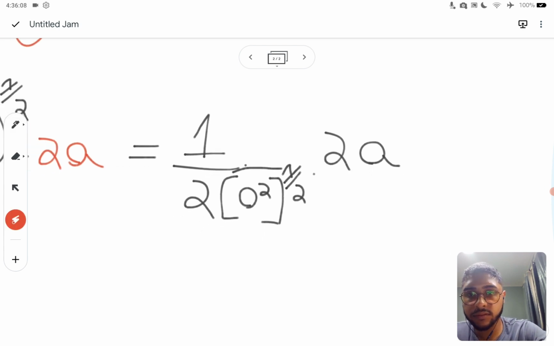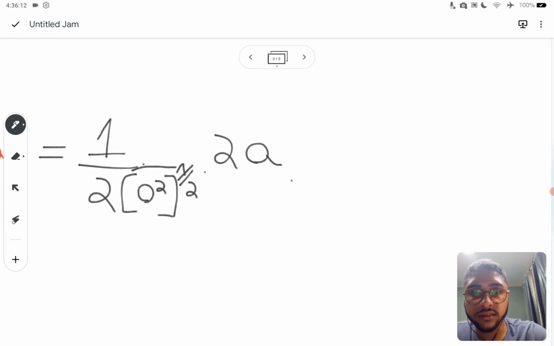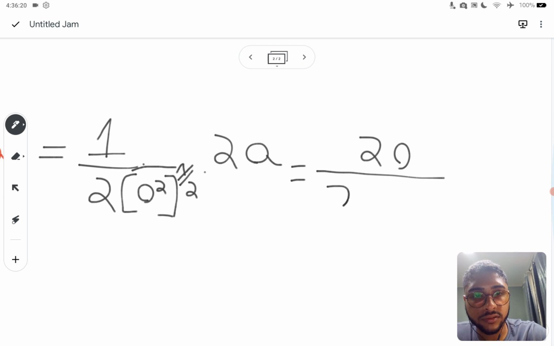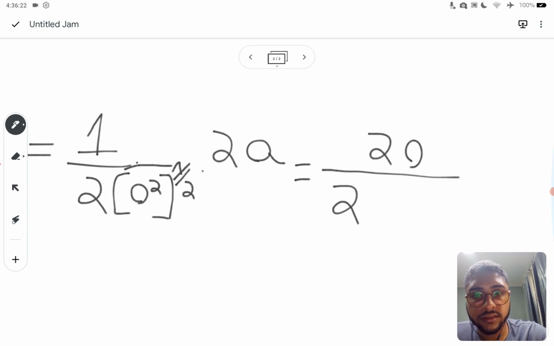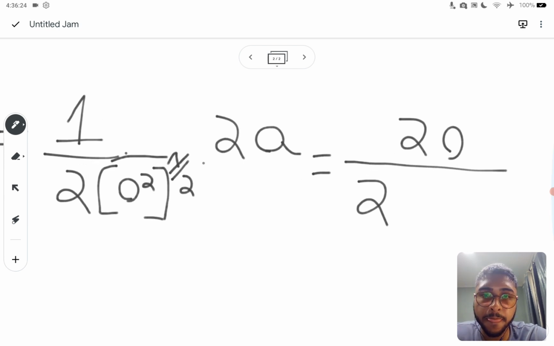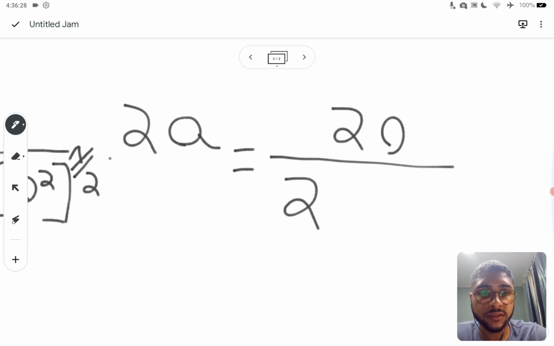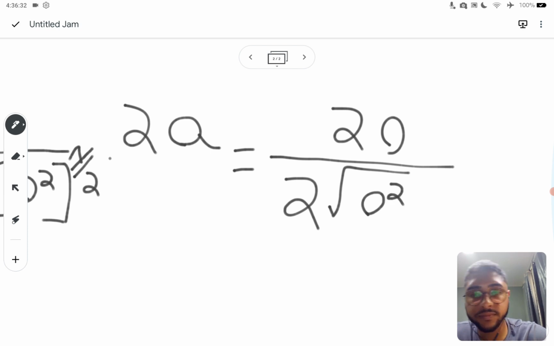Let's rewrite it again: it will be 2a over 2 times a squared elevated to 1 over 2, which is the square root of a squared.